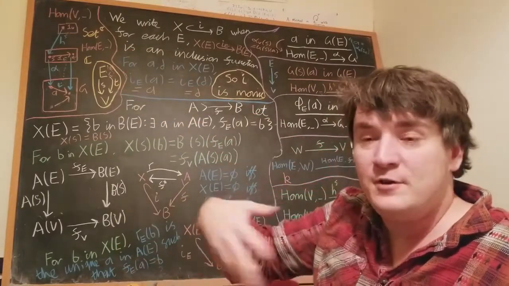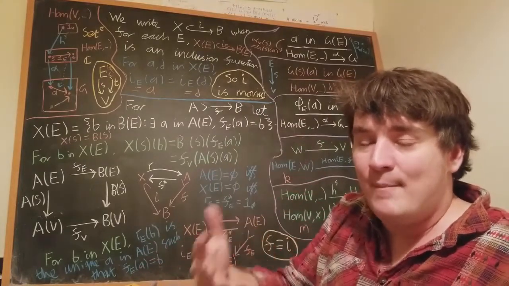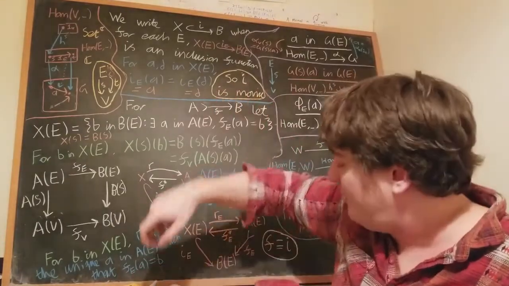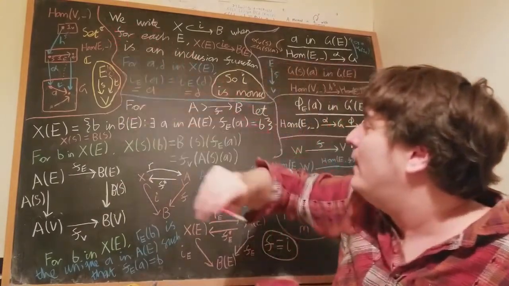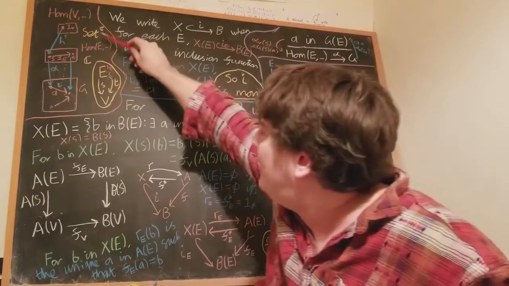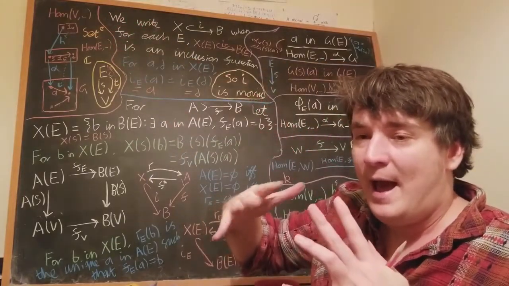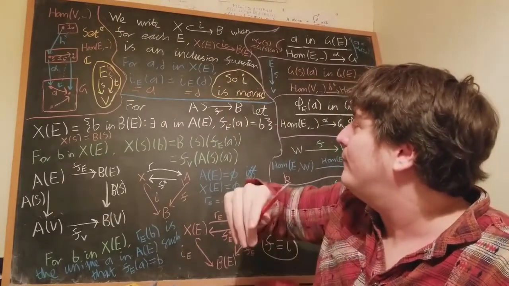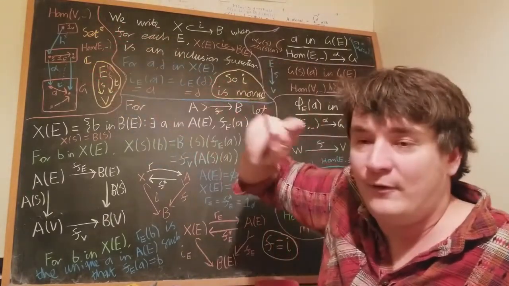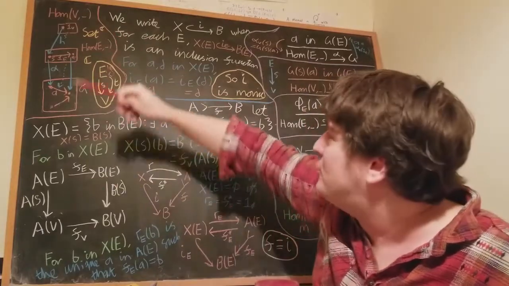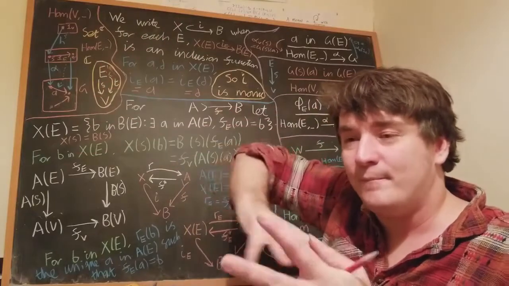So this suggests a nice simple way of thinking about what monics look like in this category of functors from C to Set. An object in this category, we can think of it as a set. So an object G in this category, we can think of it as a set G of E for each object E, with these lifted functions between.